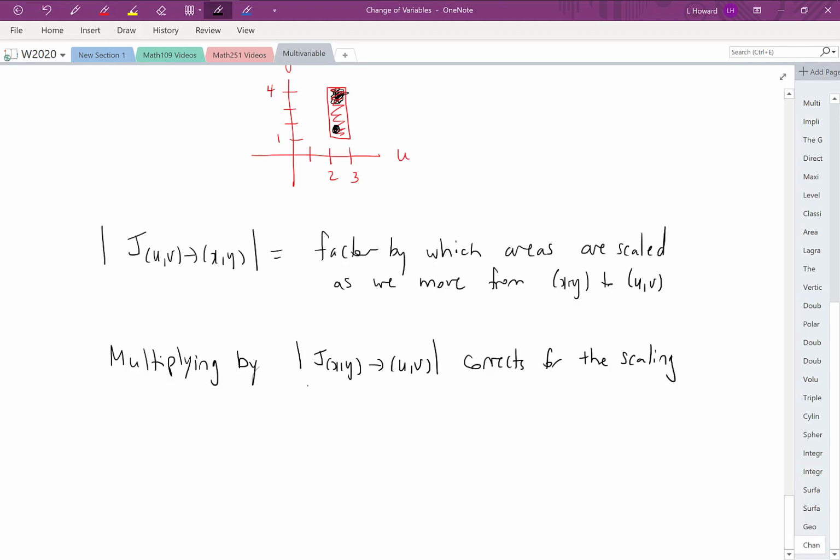We know that the Jacobian going the other way, from xy to uv, is the reciprocal of the Jacobian going from uv to xy. Because this is the reciprocal, multiplying by the absolute value of this Jacobian here corrects for the scaling. And incidentally, we need the absolute value of the Jacobian just because we care about the multiple by which the scaling is happening. We don't care about whether our points are being reflected as they get mapped from xy to uv variables.